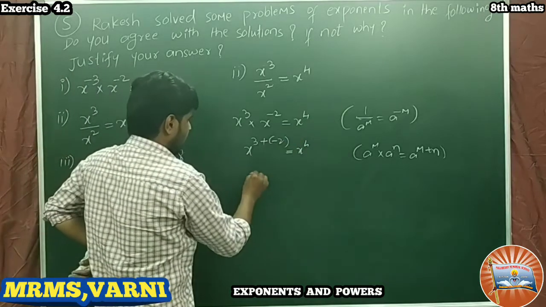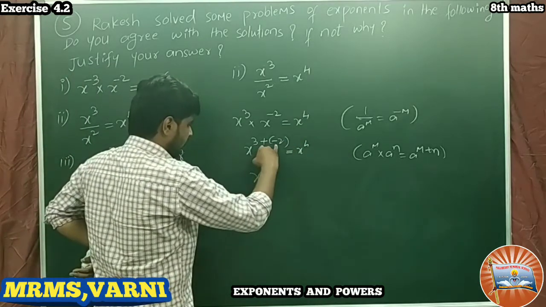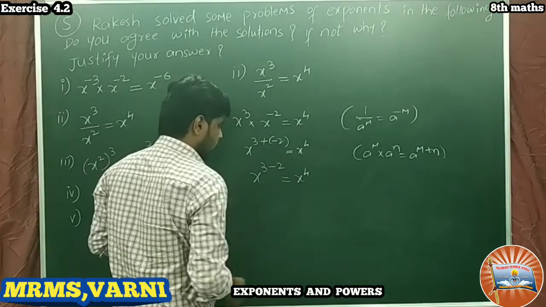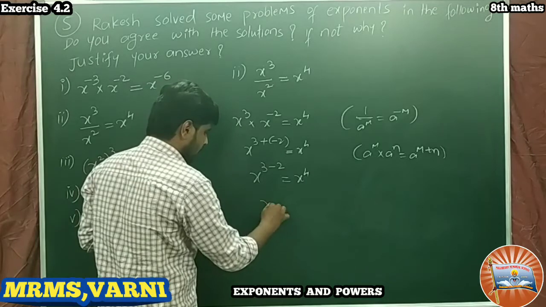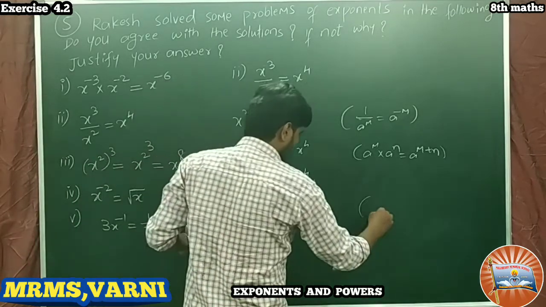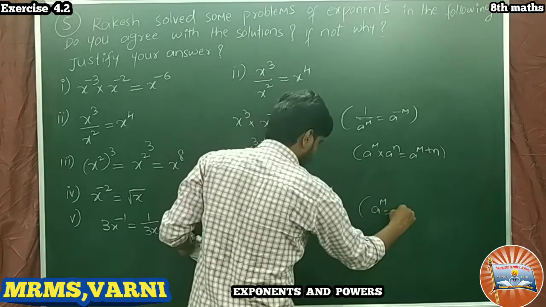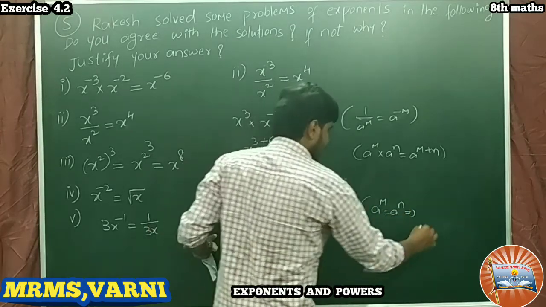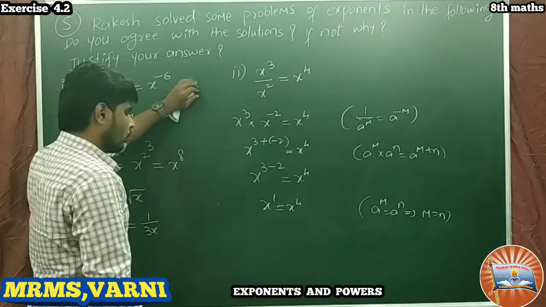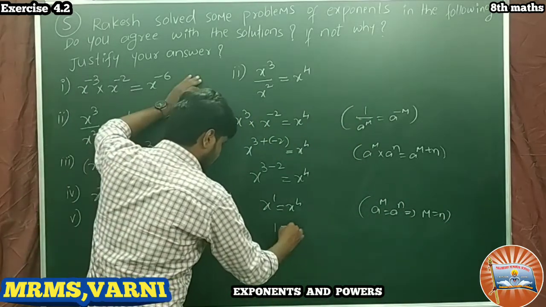Right, next. So x power 3 plus minus 2 is equal to x power 4. What becomes? x power 1 is equal to x power 4. So I am going to use here the formula a power m is equal to a power n implies m is equal to n. By that formula it becomes 1 is equal to 4.